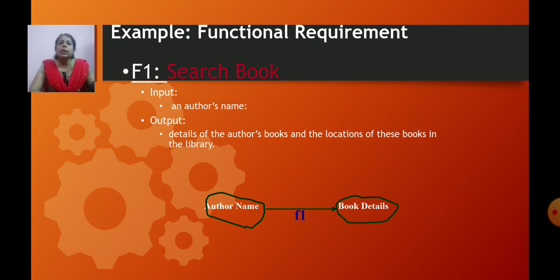It takes the author's name as input and displays all the books written by the author that are available in the library, along with their location. In the SRS document, it is written that the input is the author name and the output is the book details. This is the functional requirement.